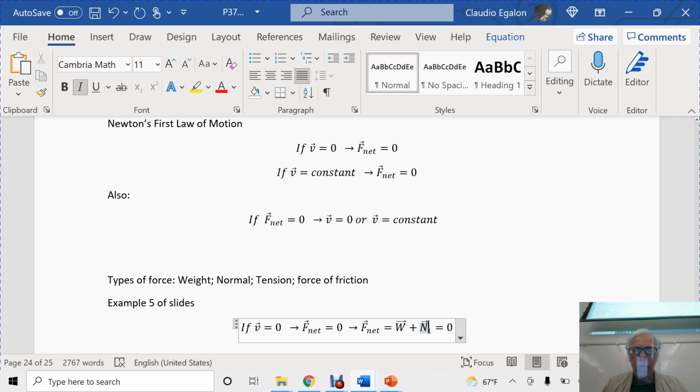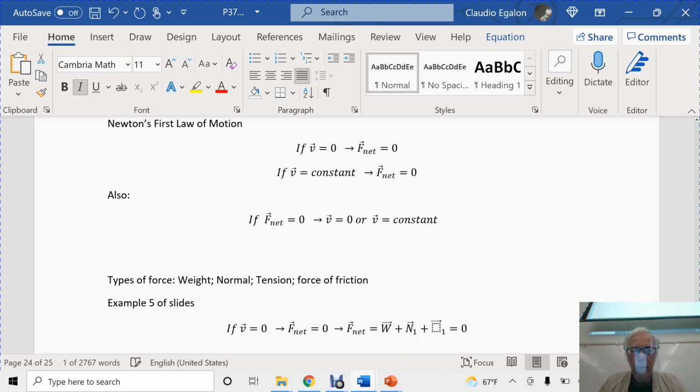What else? We know that there is a tension force. So let's say there is a string attached to my object.